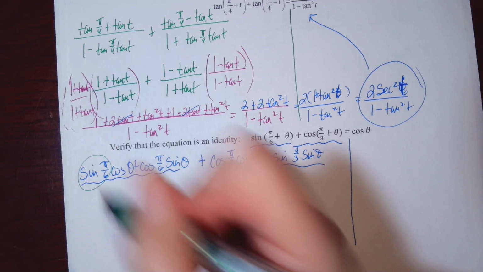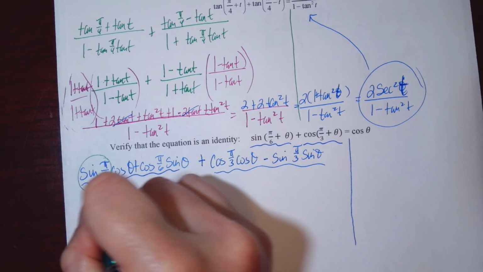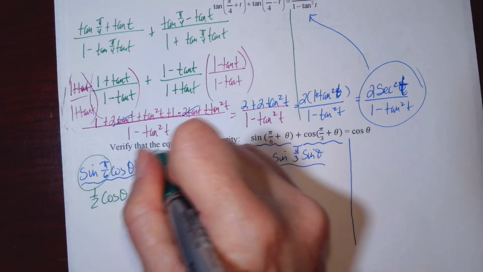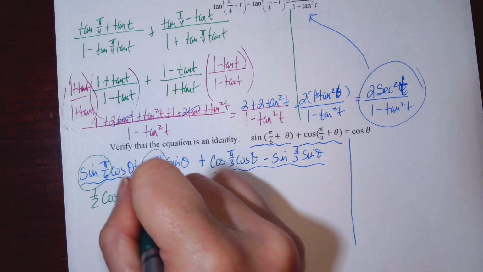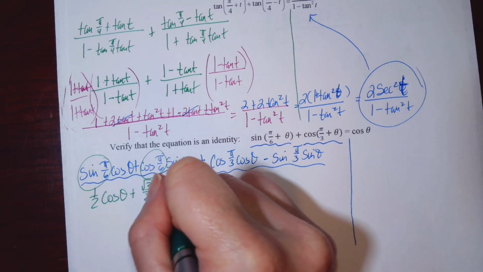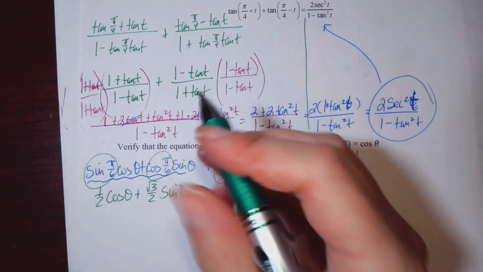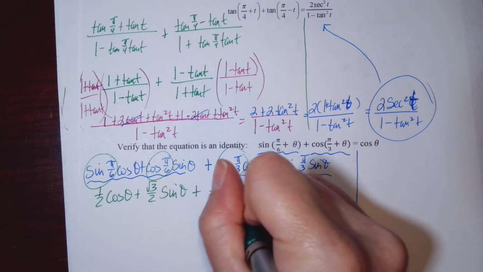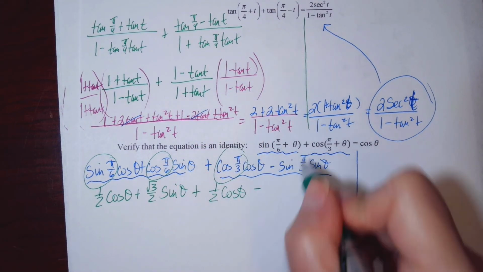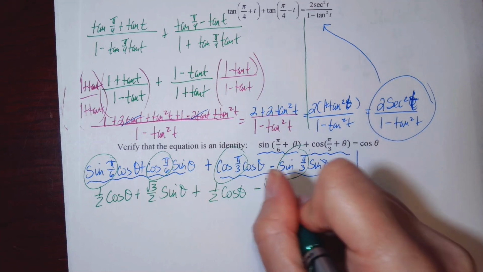Well, I know that sine at pi 6 is 1/2. I know that cosine at pi 6 is square root 3 over 2. Cosine at pi 3rd is 1/2. Sine at pi 3rd is square root 3 over 2.